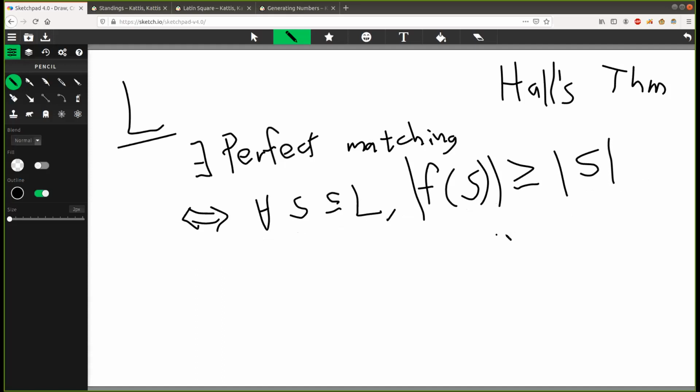It's easy to see it's necessary, but it's hard to see it's sufficient, and I won't go over that. But does the statement of the theorem make sense? Yes, we're good. Okay.